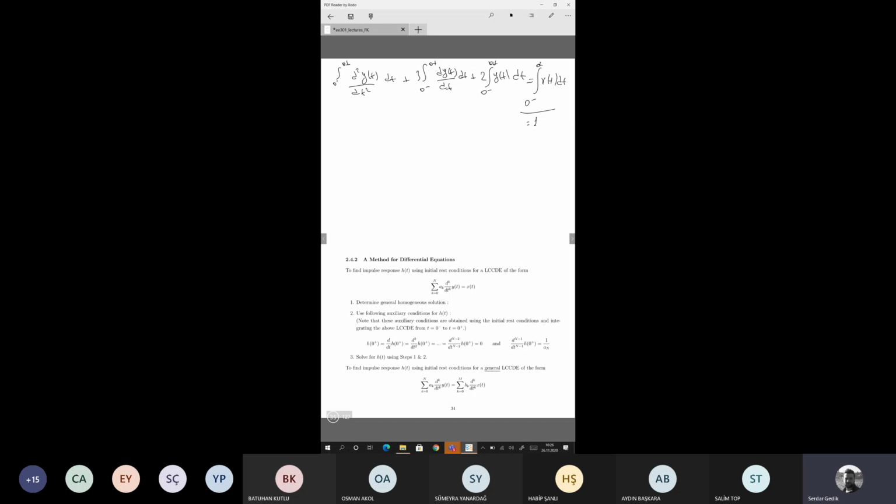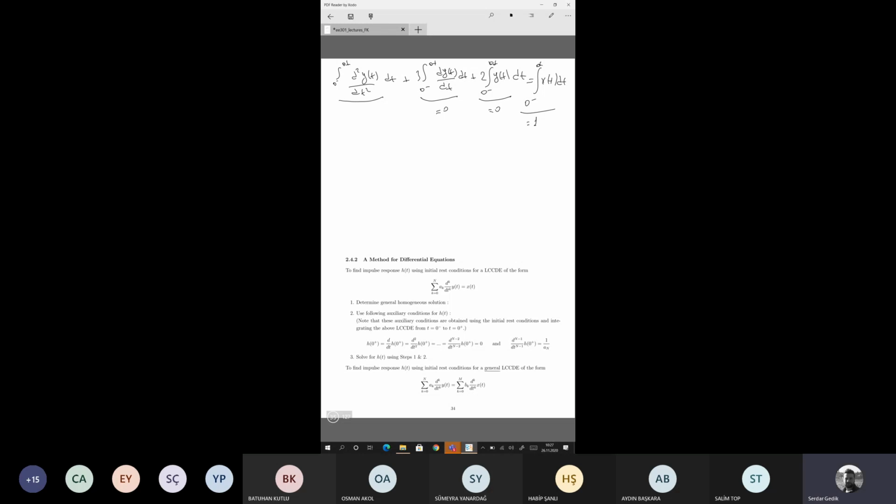I will tell you that by the initial rest assumption, all of those terms are actually 0, except this one. Initial rest tells you that the output is 0 whenever the input is.